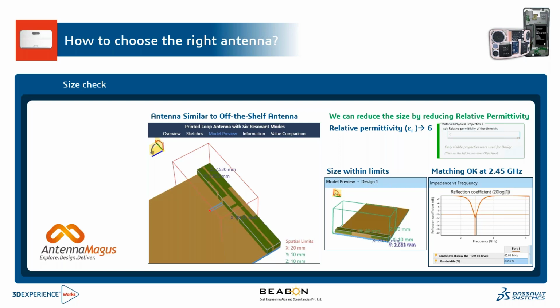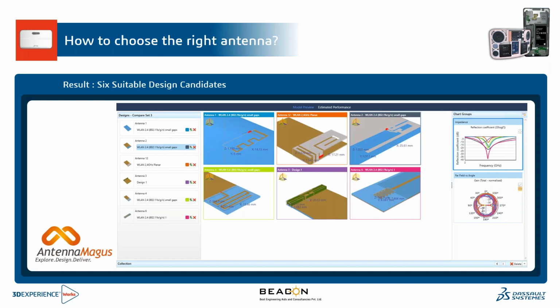That is, the reflection coefficient has to match the one we are looking for to place within the beanie model. So even the modification can be easily done within Antenna Magus. Now, out of 10, the 6 antennas most appropriate for my design are available.